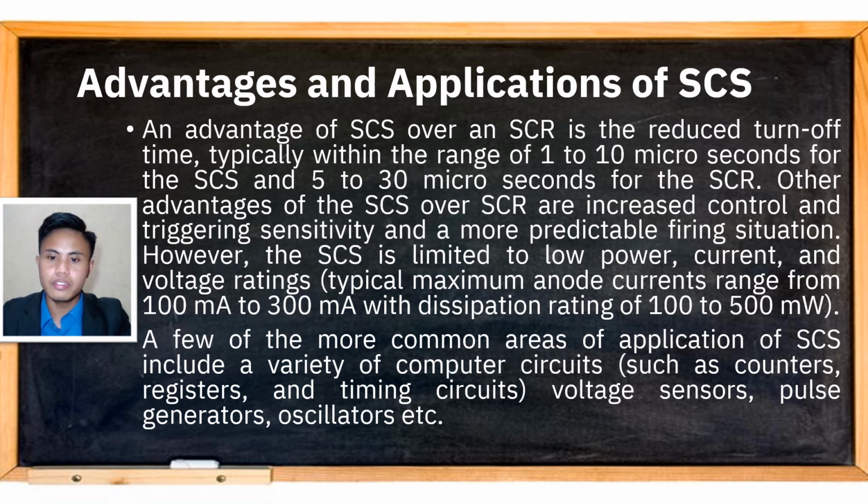However, the SCS is limited to low power, current, and voltage ratings. Typically, maximum anode currents range from 100 mA to 300 mA with dissipation rating of 100 to 500 milliwatts.